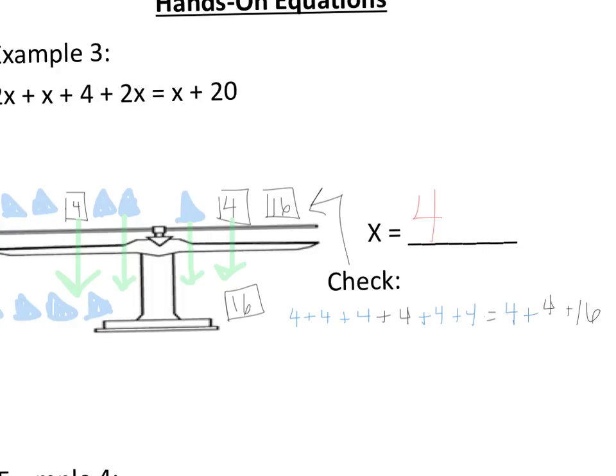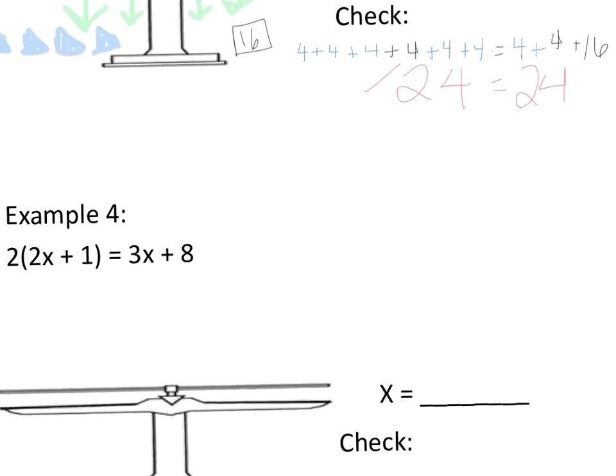So let's check and see if we're right. 4 plus 4 is 8, plus 4 is 12, plus 4 is 16, plus 4 is 20, plus 4 is 24, equals 4 plus 4 is 8, plus 16 is 24. So we find out that both sides, in fact, equal 24. Therefore, our answer of 4 is correct. Moving on to example 4.